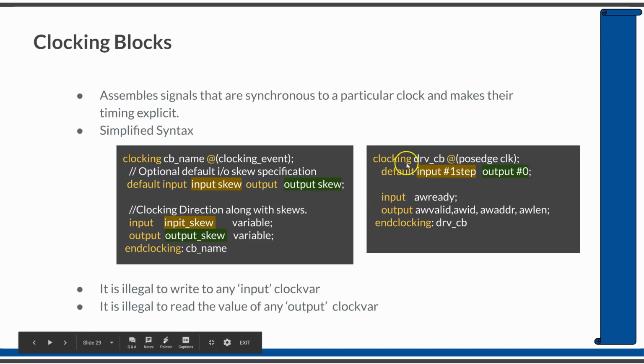What this means is, if you are using a signal with respect to a clocking block, any input signal can only be used for reading and any output signal can only be used for driving. You can access a signal within a clocking block with the name of the clocking block, dot, signal name. So in this example, if you want to assign, say, AWVALID as 1, you will do it like drv_cb.AWVALID = 1, something like that.